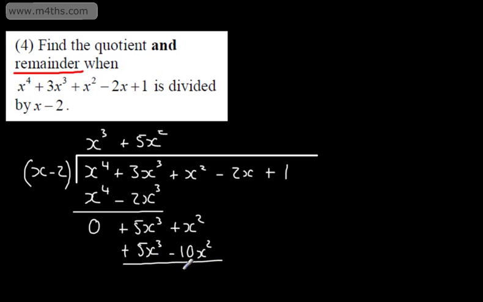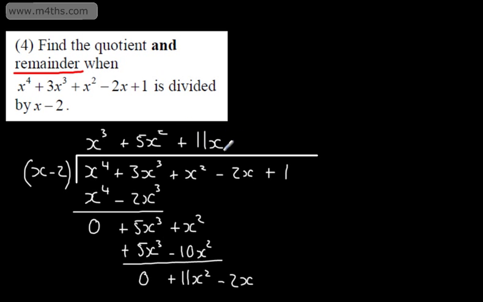We subtract downwards, 0 plus 11x squared. I'm subtracting 1x squared take 10x squared, so I take negative 10x squared, which is going to give plus 11x squared. We now bring down the negative 2x. And we say to ourselves, x is into 11x squared, or what is 11x squared over x? And the answer is plus 11x.